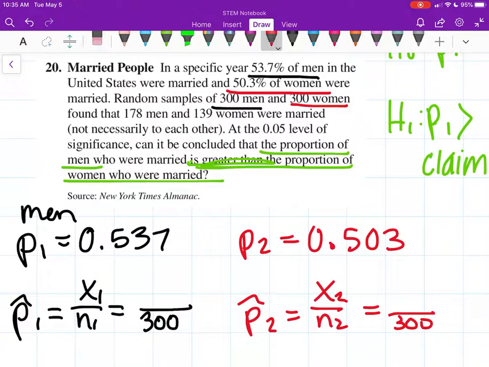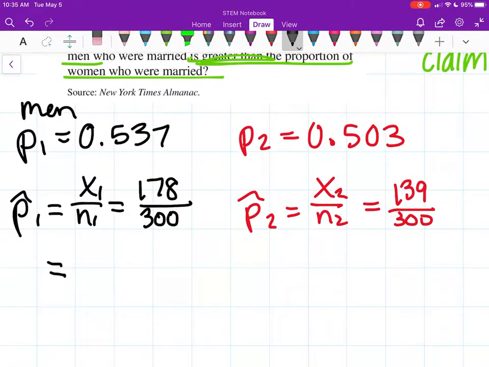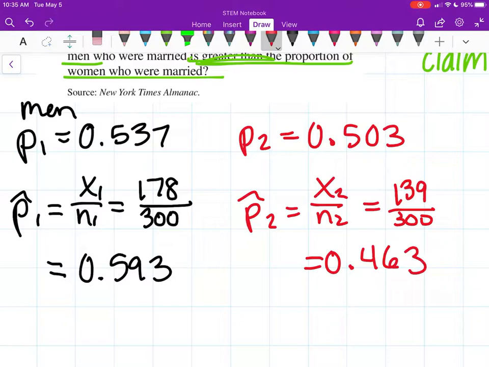Then it says 178 men and 139 women were married. So we have 178 for x1, and 139 for women. When we plug that in a calculator, we get 0.593. And when we plug in P hat 2, we get 0.463.